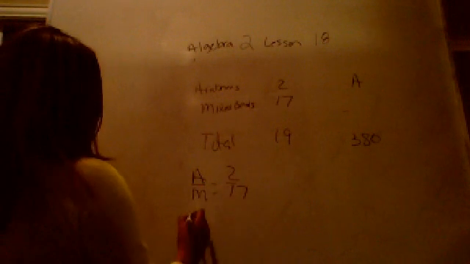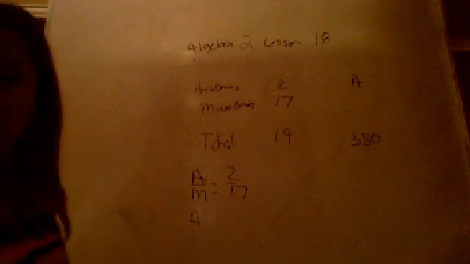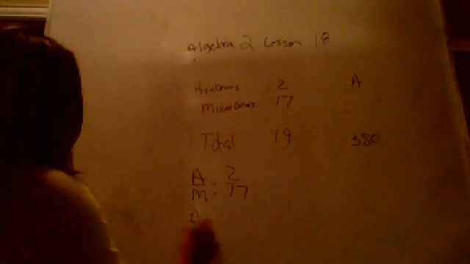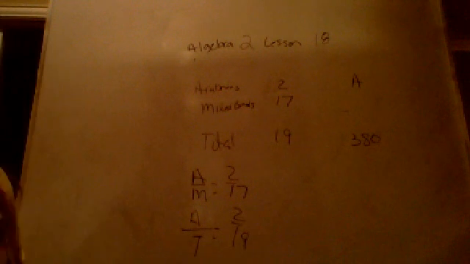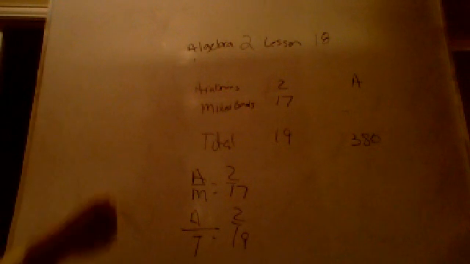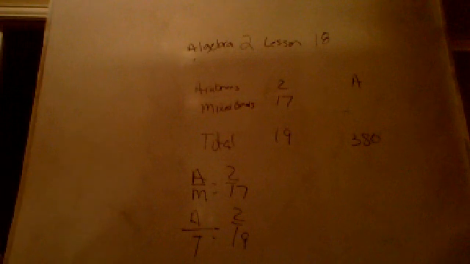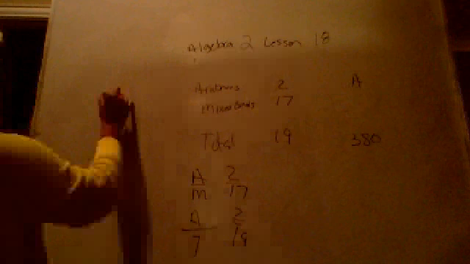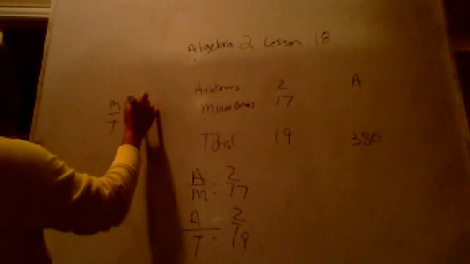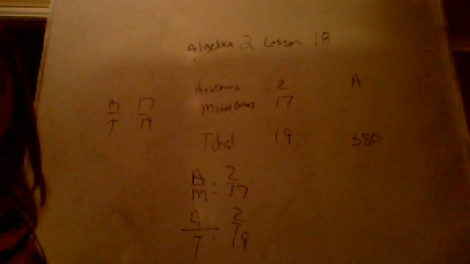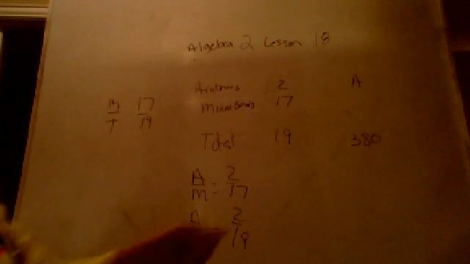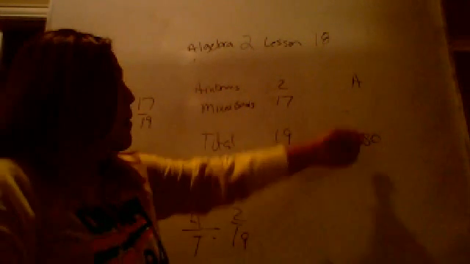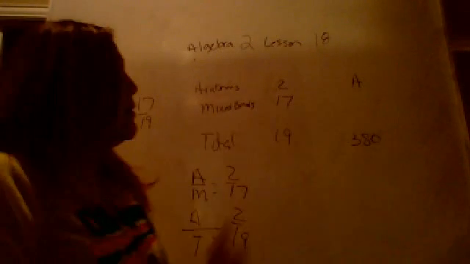We can also say A to total is equal to 2 to 19. And we can also say, I'm going to have to put this one on the left, the number of mixed breeds to total is 17 to 19. Are you with me so far? So we're given a total of 380 horses, but we need Arabians.